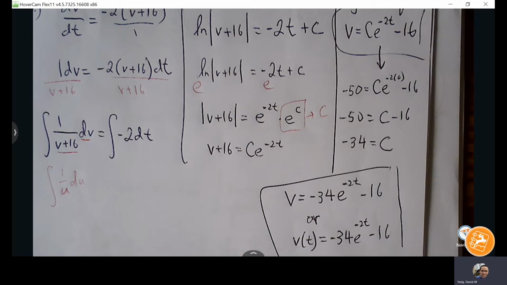Okay, your C value should end up being -34. And now you're just taking the general solution and replacing the C with -34, and that will turn it into a particular equation.